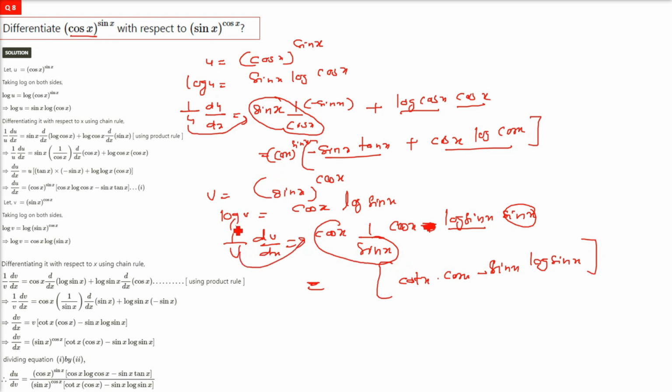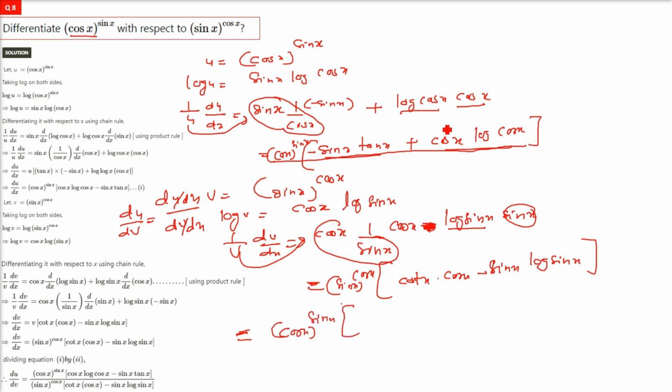So here v will be sin x to the power cos x. Now du by dv we have to find out, so that you get du by dx divided by dv by dx. Okay. So let us divide these two. I'm just taking this and I'll just swap the position of the inner two terms so that we get a negative inside.